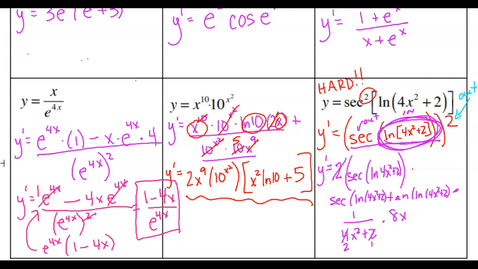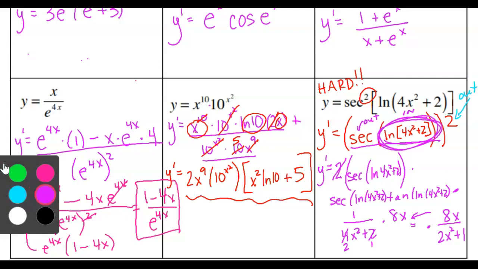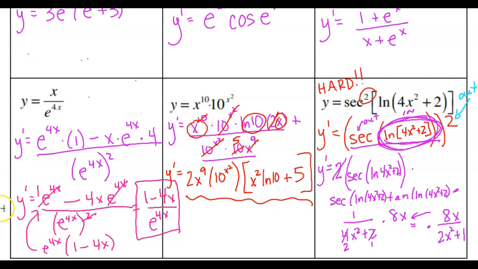And I saw the 8 on top. So I'm going to just write this nicer, just this part. 8x over 2x squared plus 1. And this would get multiplied by all of that. So if I write my final answer, it's really long though, we get this.